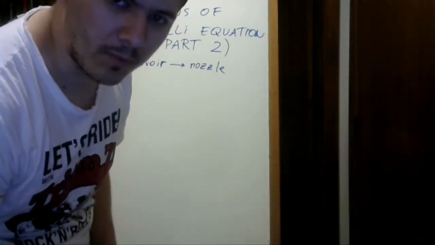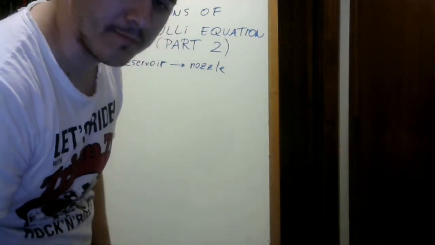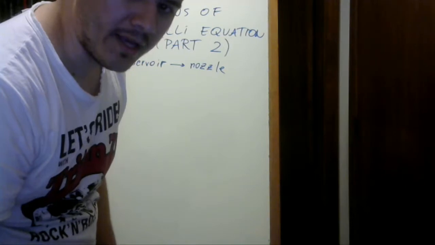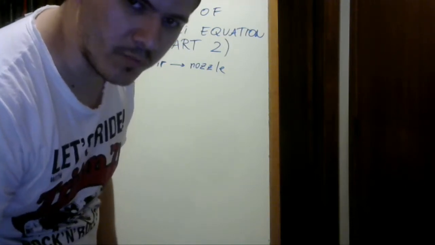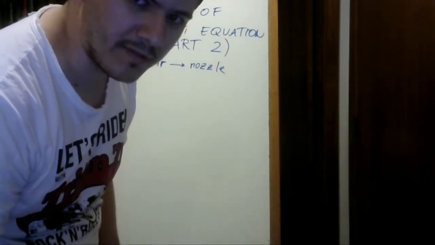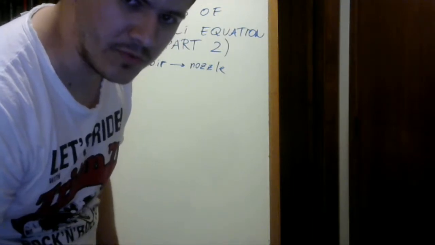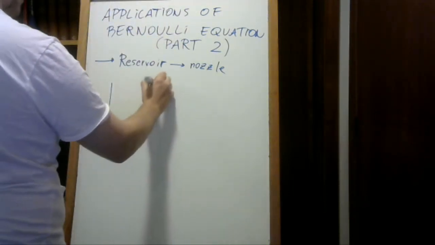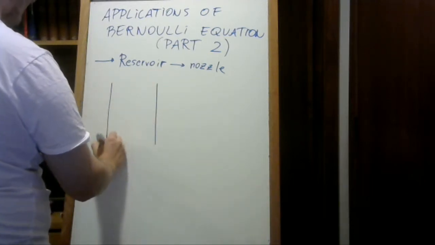So the problem we'll be looking at is when you have a reservoir and you want to find the flow velocity at the nozzle attached to this reservoir. So here's what we have. Here is our reservoir.